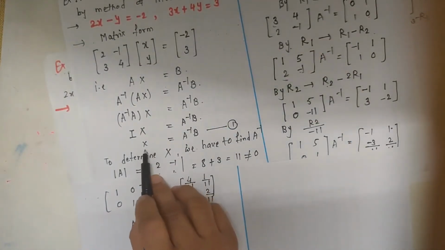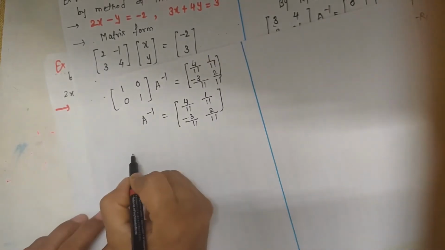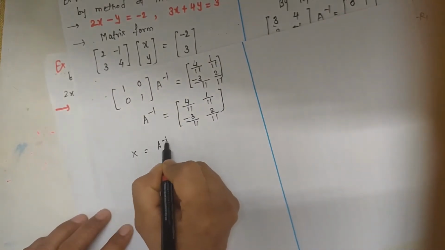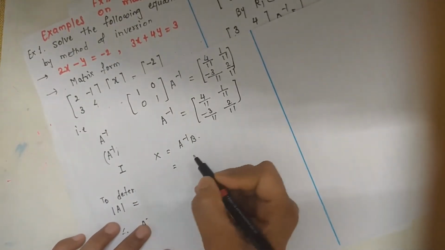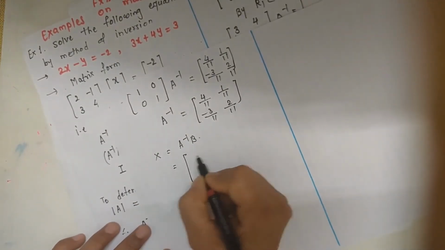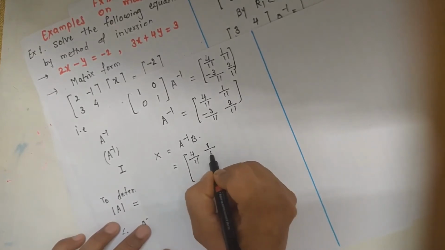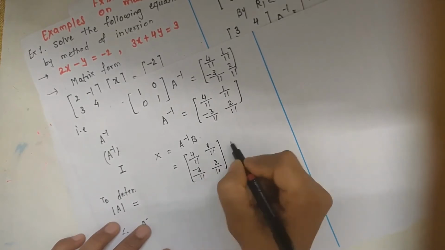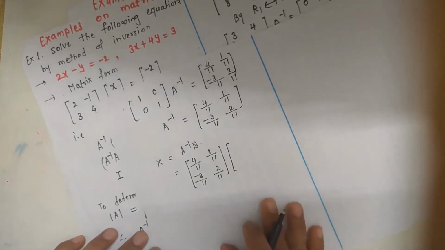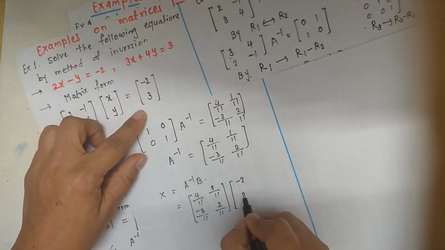We have already obtained X is equal to A inverse B. So X is equal to A inverse B. Put the value of A inverse in this equation, then we get [4 by 11, 1 by 11; minus 3 by 11, 2 by 11] into the constant matrix B, [minus 2; 3].